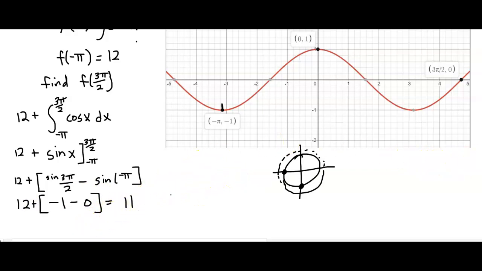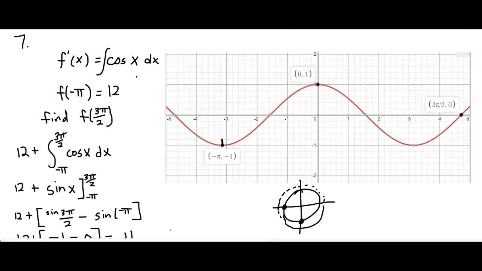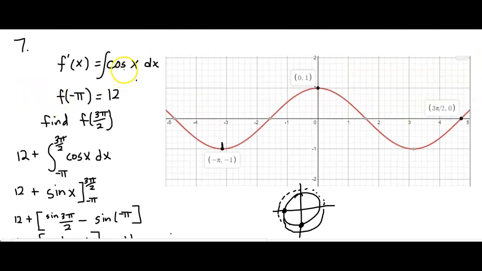Okay? So just once again, the way you set these up is that you take the integral of what they give you as the derivative. And we're looking for how much you're going to accumulate. The derivative of this is the integral.